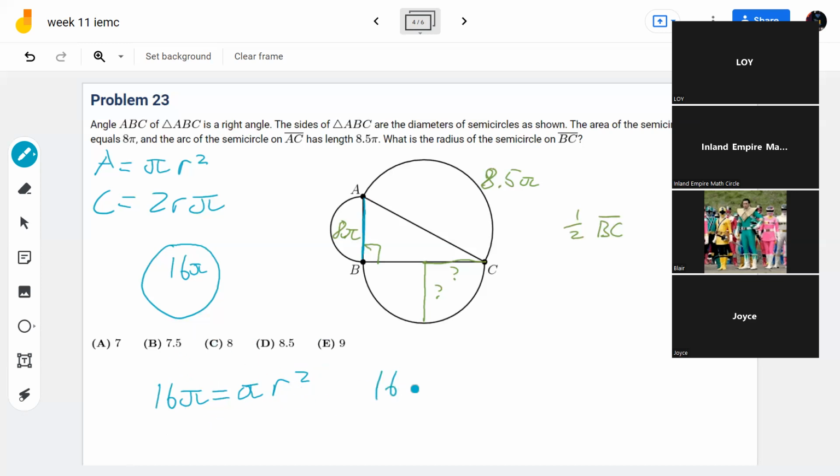So I can write this as 16x equals x times the radius squared. Both sides are being multiplied by x, right? So this is 16 times x, and this is x times radius squared. To get rid of the x, we can just divide both sides by it. 16x divided by x, these two will cancel out. So we'll just be left with 16 on that side, and on the right side, radius squared. Does that make sense? If it doesn't, just tell me in the chat. I'll go ahead and explain it in a different way or in more detail.